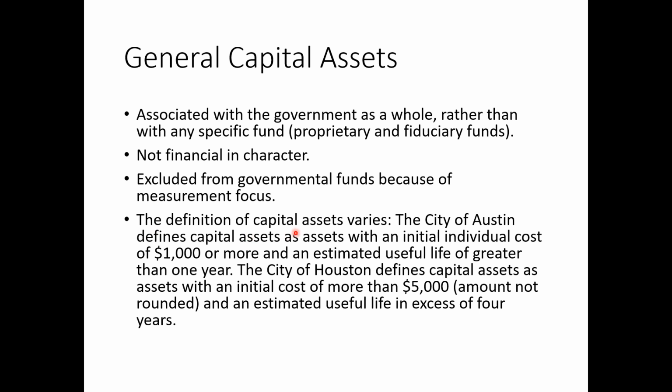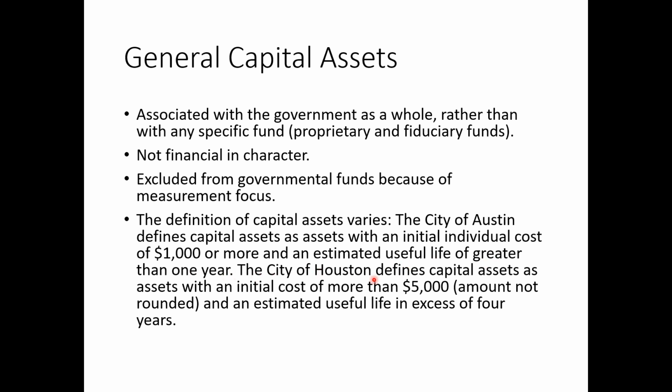The definition of capital assets varies, okay? And different government agencies will have different definitions. For example, the City of Austin defines capital assets as assets with initial individual cost $1,000 or more, and their estimated useful life greater than 1 year.